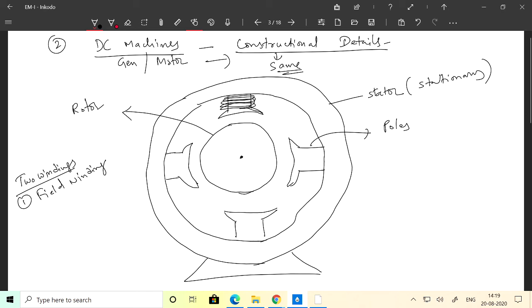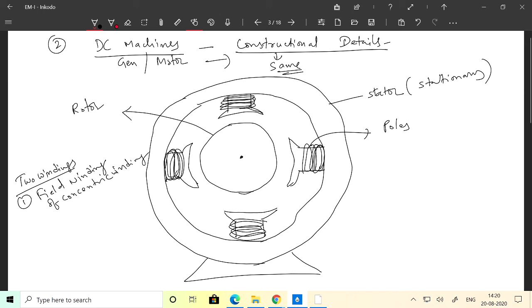So everywhere you have coils like this. So these are the field windings. And how are they? Field windings are concentric in nature, or concentric winding.